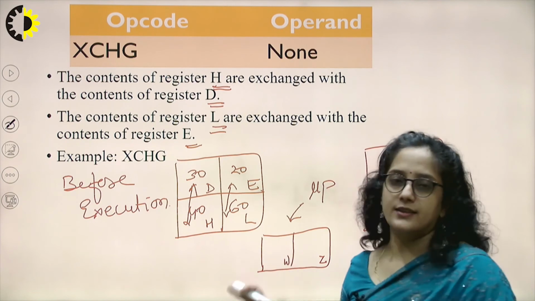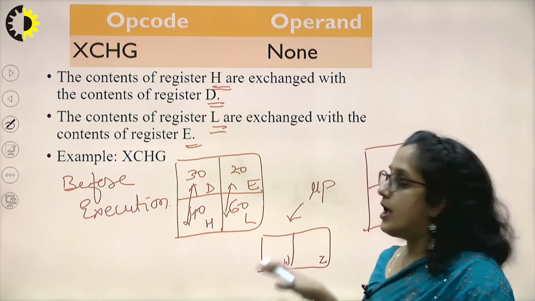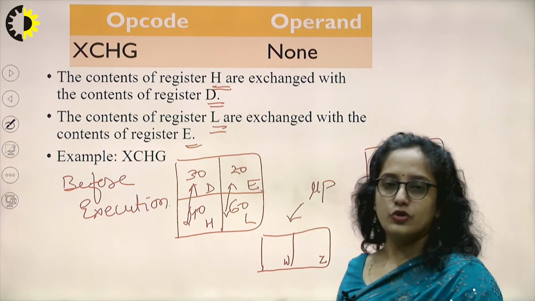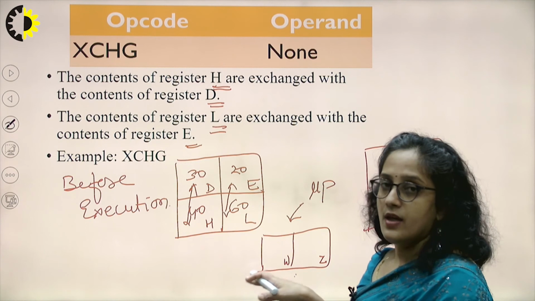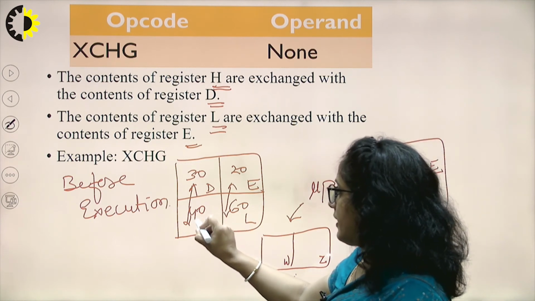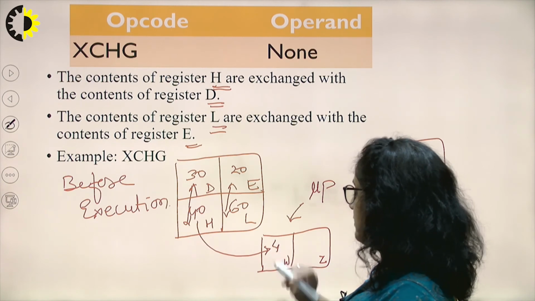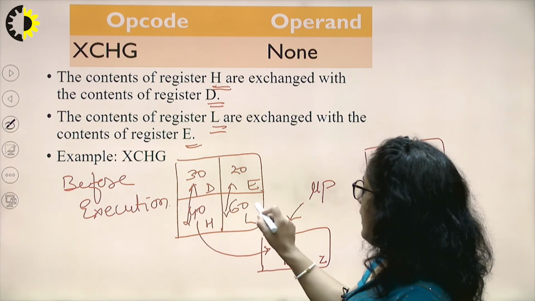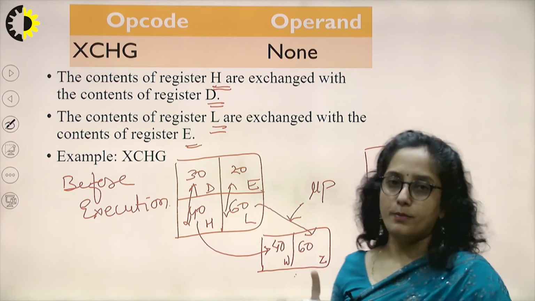We don't have access to W and Z as a programmer or user. When the exchange instruction is executed, the microprocessor stores the content of H in the W register, and 60 here, one copy.